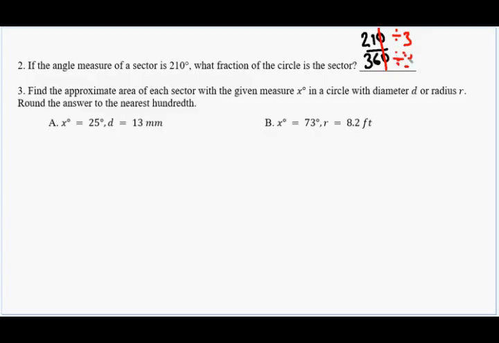So we could do that as our first reduction. 21 divided by 3 is 7. 36 divided by 3 is 12. So that is 7/12. 7/12 is our fraction.